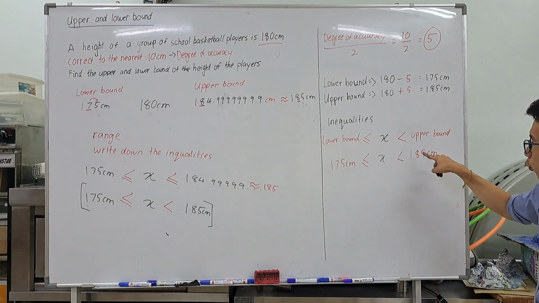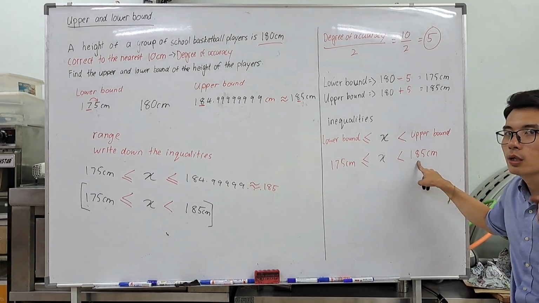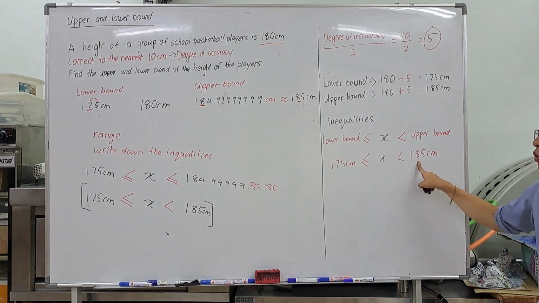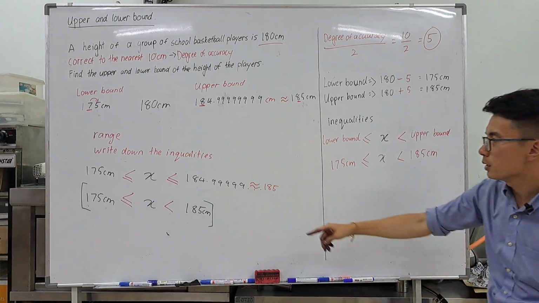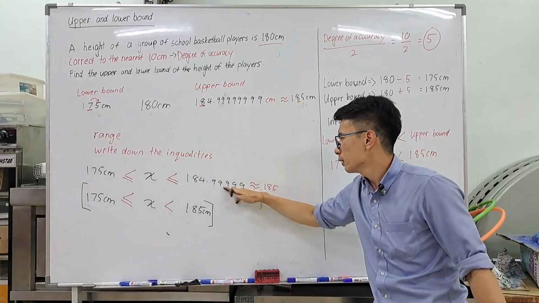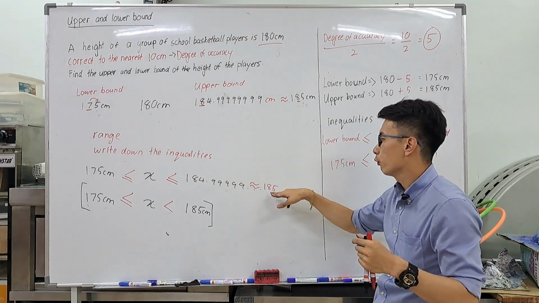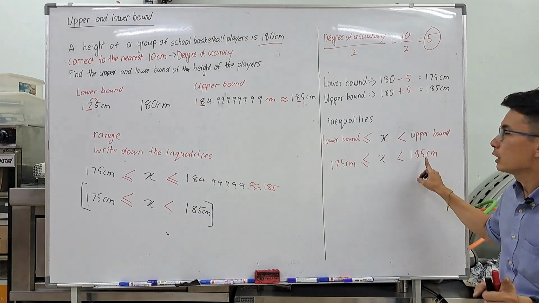Remember, x is less than 185 because we are not including 185. The maximum value that we can include to describe the height of the tallest player will be this one, right? But of course, writing like this is going to be very messy, so we prefer to round off to 185. But since we round it off to 185, remember, we do not include it.